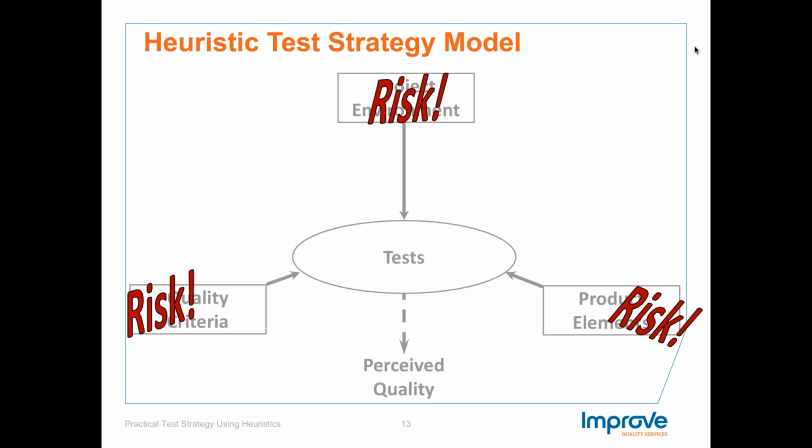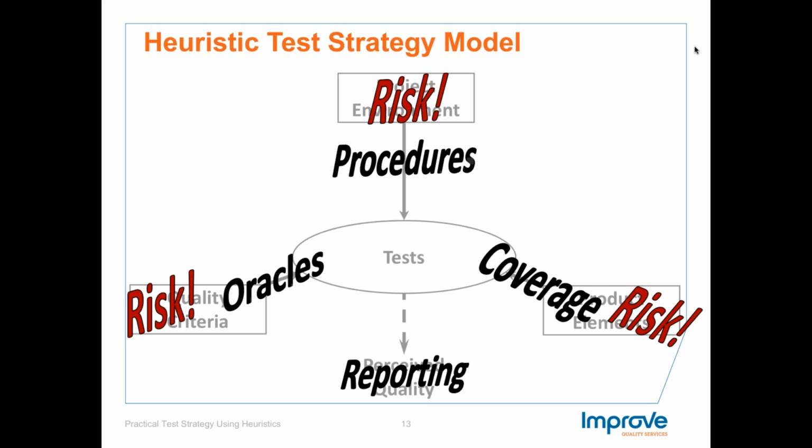So there can be risk anywhere. So we have to think about risk in the product, using a list of quality criteria, and of course also the environment, the project environment can have a couple of risks, like if I want to do performance testing and I don't have a specialized performance tester in there, well then that might be a risk as well.